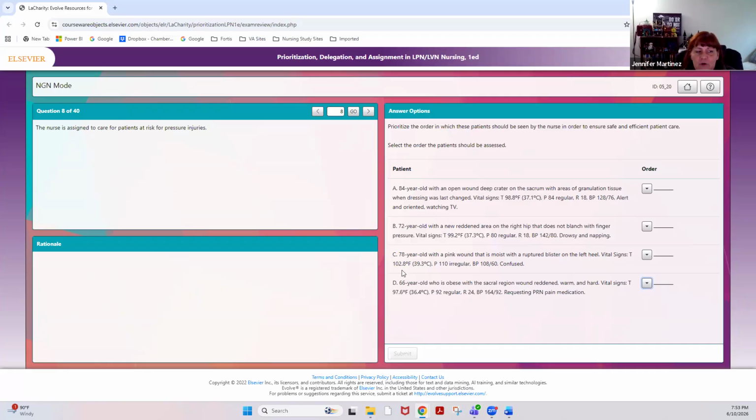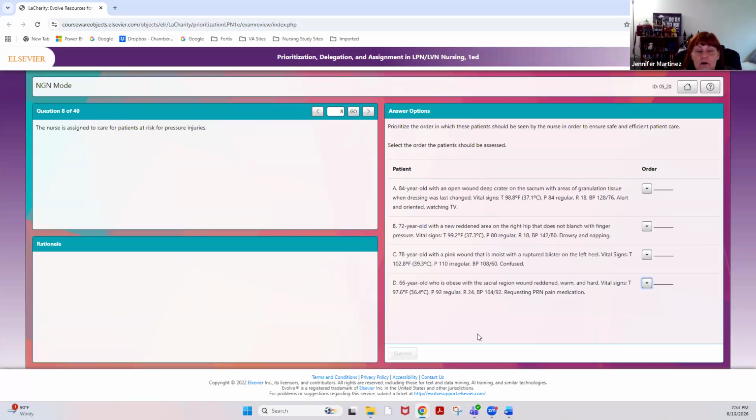Vital signs: temperature 102.8, pulse 110, irregular, blood pressure 108/60, and confused. And the last one, we have a 66-year-old who is obese with the sacral region wounds reddened, warm, and hard. Vital signs 97.6, 92, respiratory rate 24, blood pressure 164/92, requesting PRN pain medication.